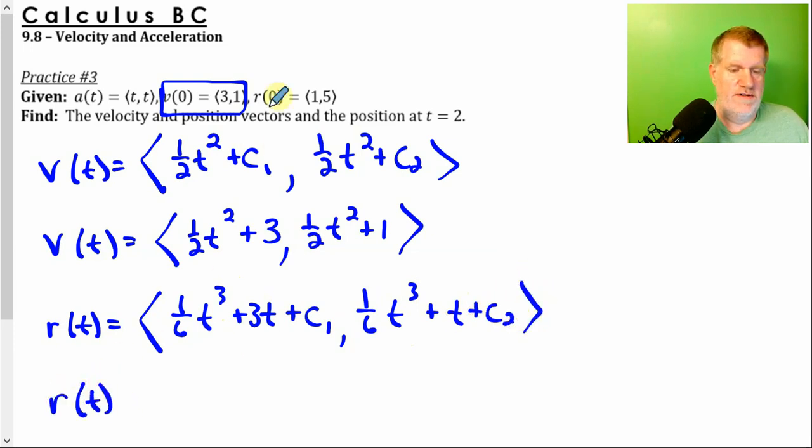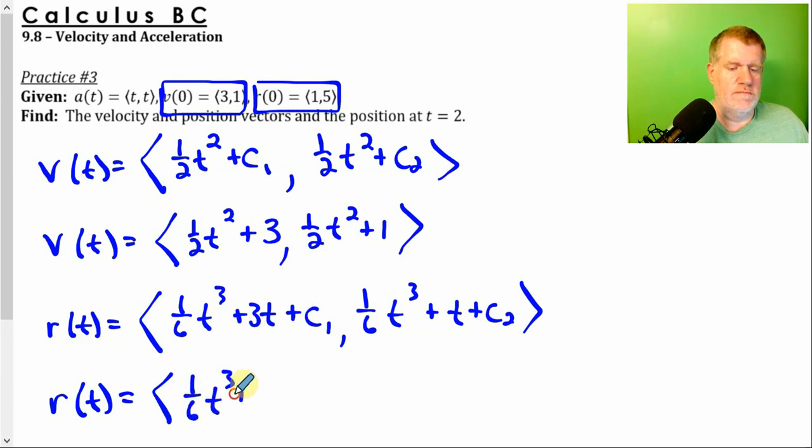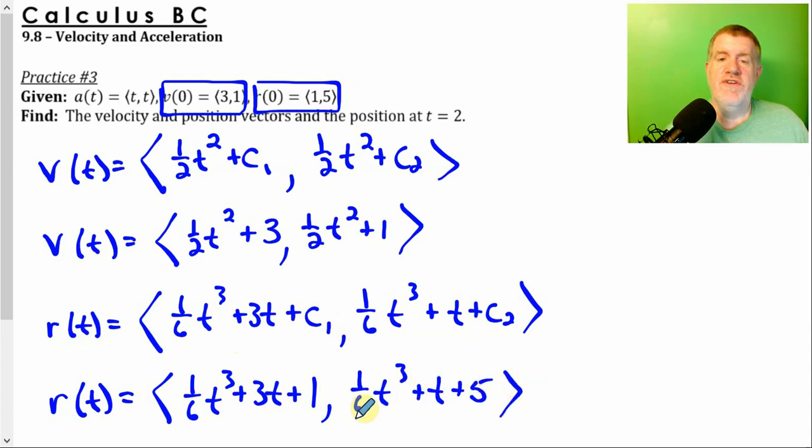Again, very nicely, they told us the constant at time equals 0. So c sub 1 should equal 1. Same thing here, c sub 2 should equal 5. That was very nice. So that would be your position function.